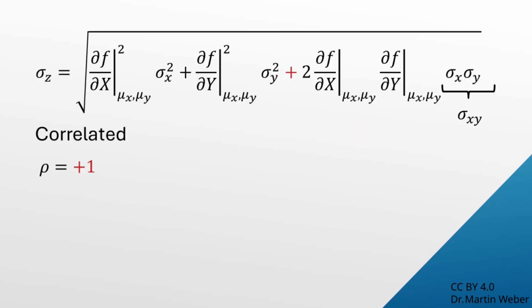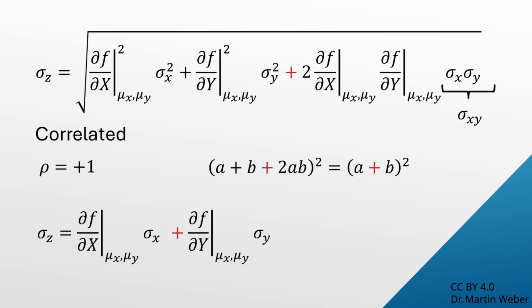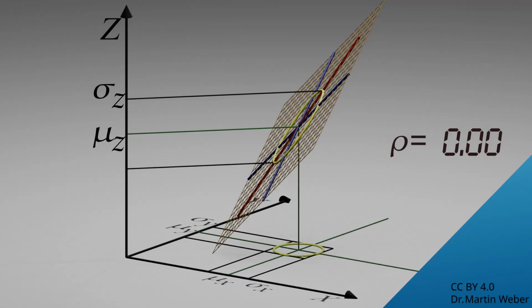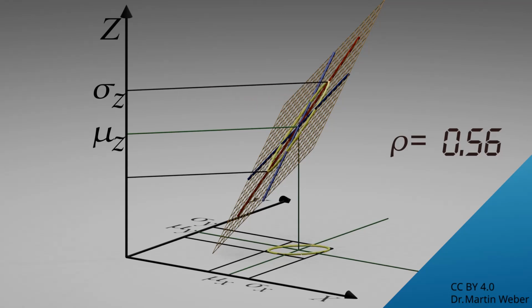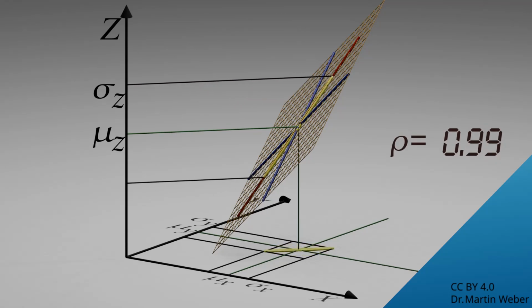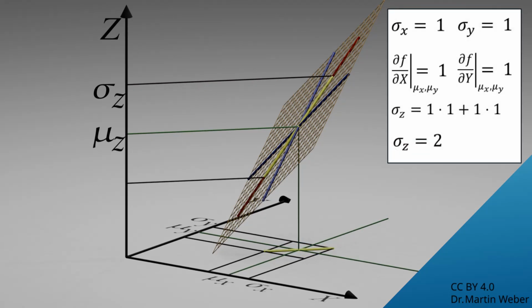In the case of full correlation, the equation can be simplified using the binomial equations. Now the terms are directly summed. This can also be explained by using the diagram. The correlation now causes the ellipse to degenerate to a diagonal with a length of square root of 2.